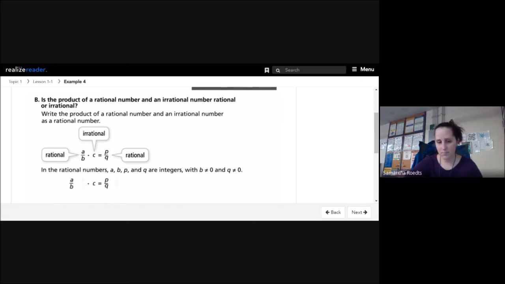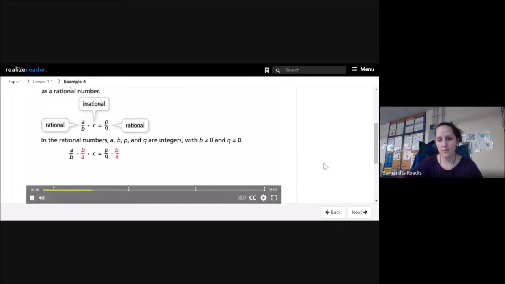Solve the equation for C. Multiply both sides of the equation by the reciprocal of A divided by B, or B divided by A. Since A/B times B/A equals 1, the equation simplifies to C equals P divided by Q times B divided by A, or P times B divided by Q times A.